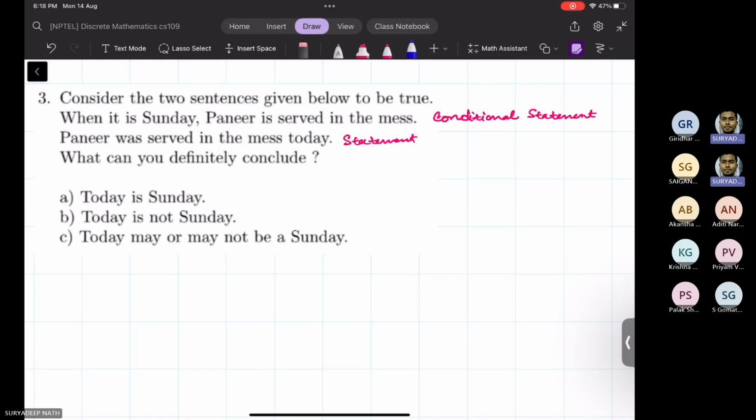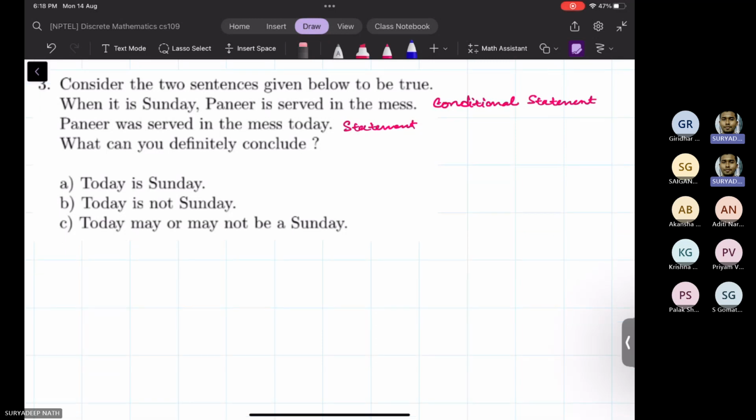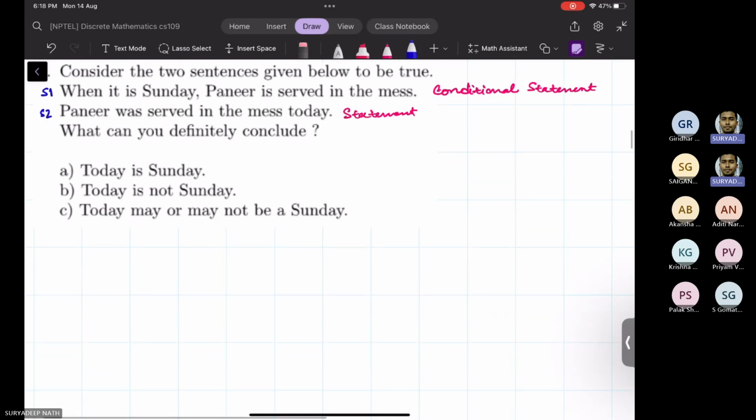So I'll explain it a little for everyone else. We call this statement one and statement two. Statement one says that when it is Sunday, paneer is served in the mess. And the second statement says paneer was served in the mess. So statement one means that whenever it is Sunday, paneer will always be served.